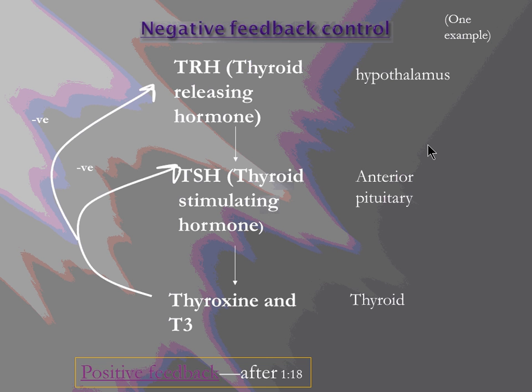So your blood glucose level rises and falls every day. That's why insulin is produced or inhibited accordingly. Whereas not every day do you go into labor, and not every day are you lactating. So that's why positive feedback mechanisms occur only once in a while, not throughout your everyday cycle. So that's why we see very few examples of positive and more of the negative feedback.